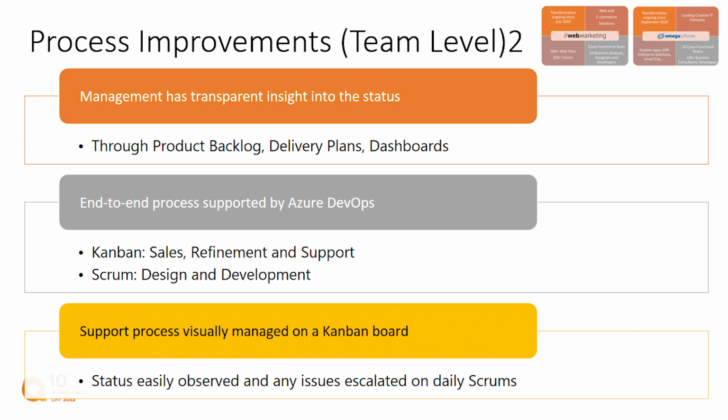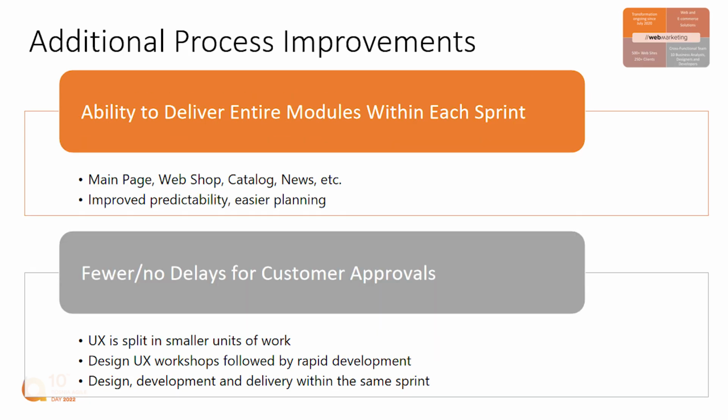And as I've already mentioned, different processes were modeled differently, so we used Kanban and Scrum as appropriate. And by having visualization, the Kanban board for support, the support process was improved. There were two interesting optimizations in the smaller company.